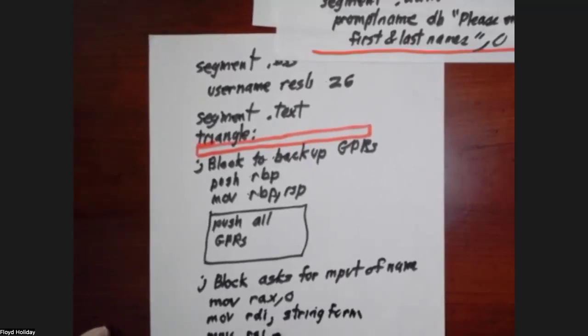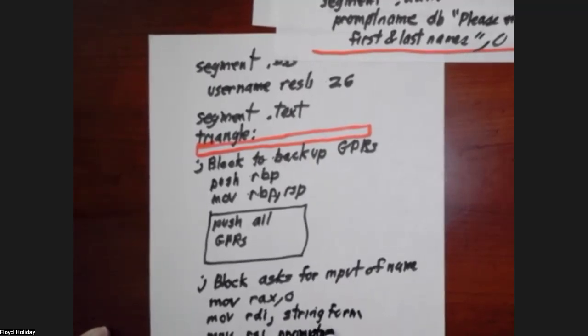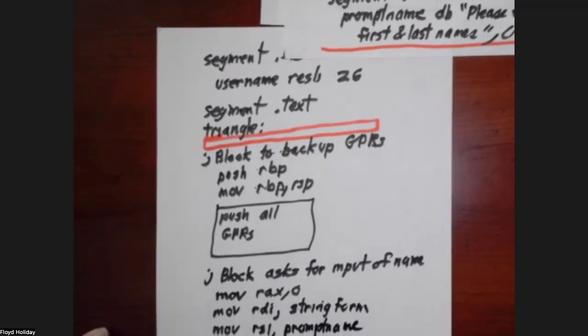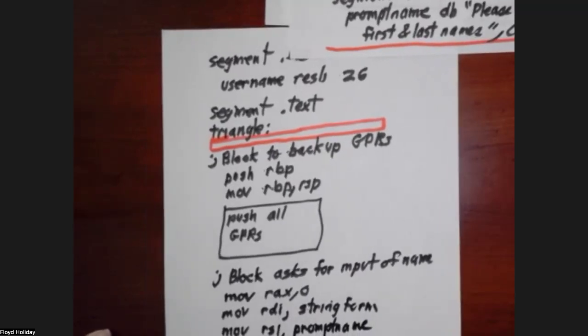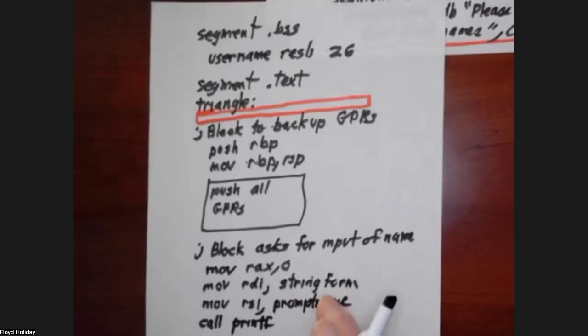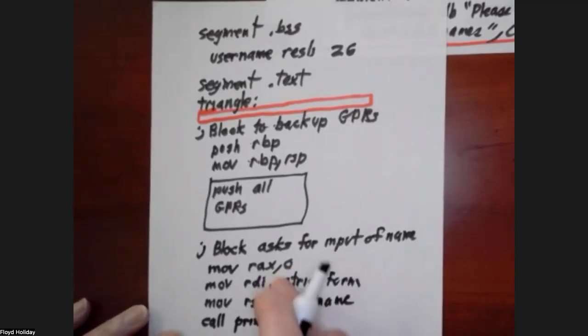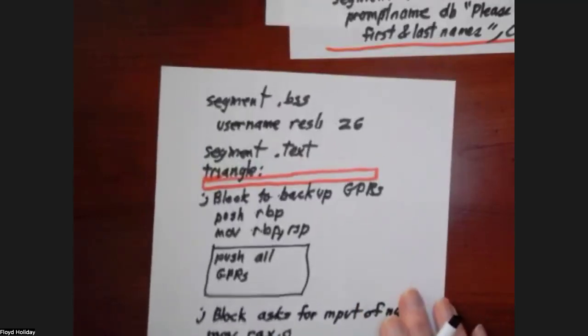Prompt for name. And so in doing this, I discover I need this one to be defined in the data segment.